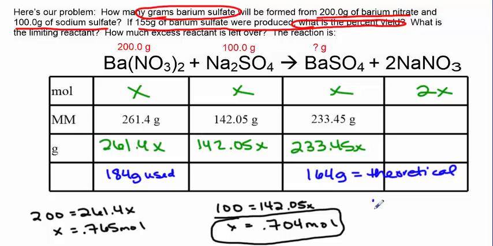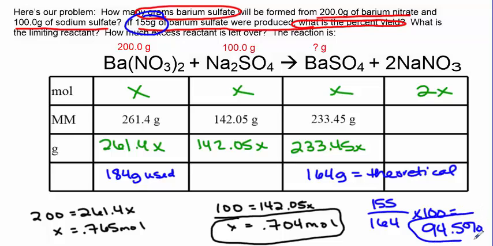So I get 155 from my problem here over 164 times 100. So my percent yield, and I forgot to do my math, give me a second, is 94.5%. Okay, so there's my percent yield, 94.5%.